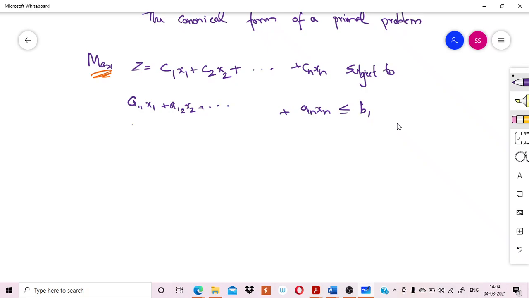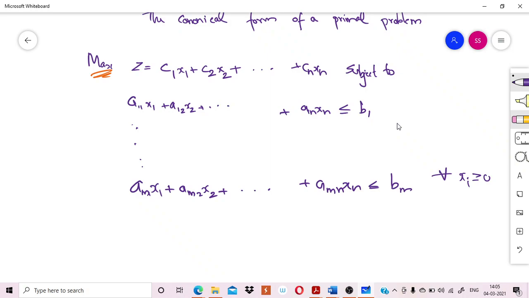In the next row you get a21 x1 plus a22 x2 plus etc. plus a2n xn, and like that you get am1 x1 plus am2 x2 plus etc. plus amn xn less than or equal to bm. And every xi is greater than or equal to 0.